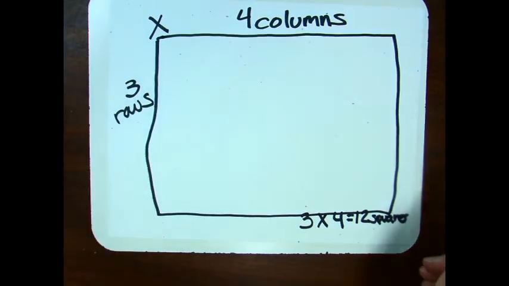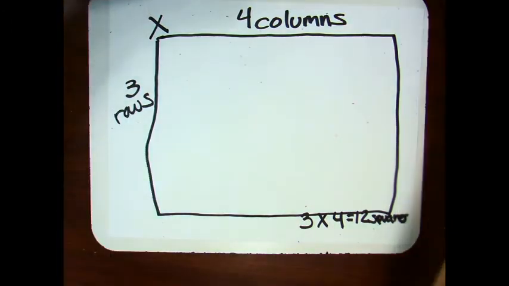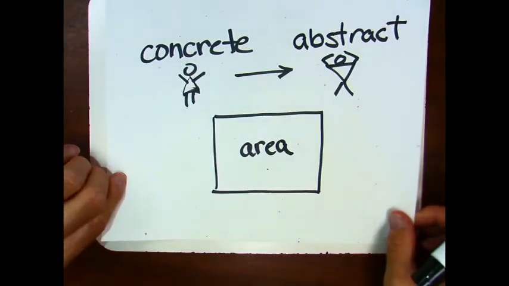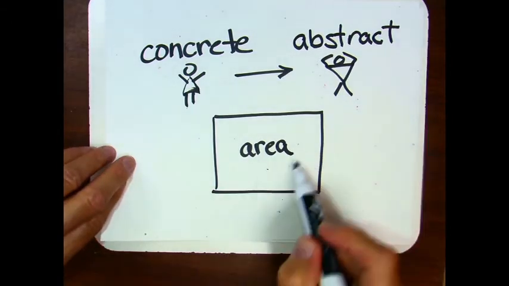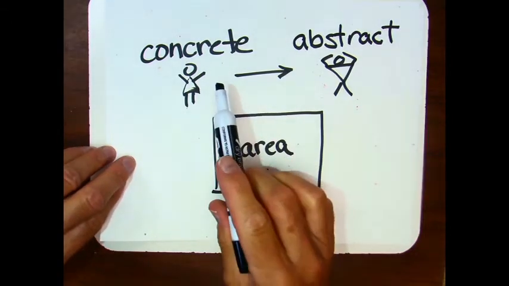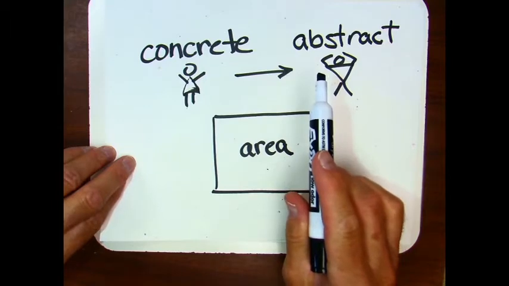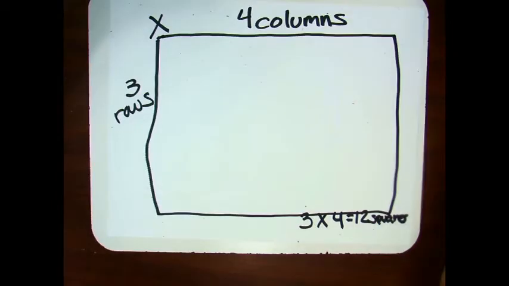Now we've removed the crackers, and we're going from our concrete example to our abstract. We're still dealing with area, but we're going from concrete to abstract. Here's our area now without any crackers in it. There's no squares in here.